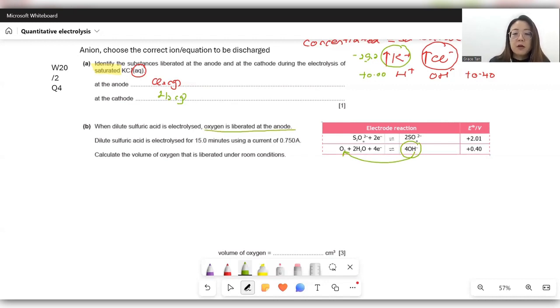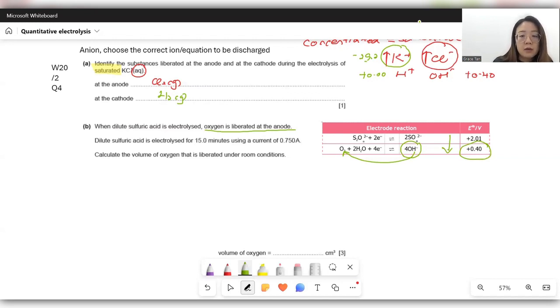Even if you do not know that sulfate will never be discharged, you will go back to your theory. When it comes to anions, we pick the more negative anion to be discharged, which still leads us to pick hydroxide to be discharged. And you're still going to get oxygen gas.